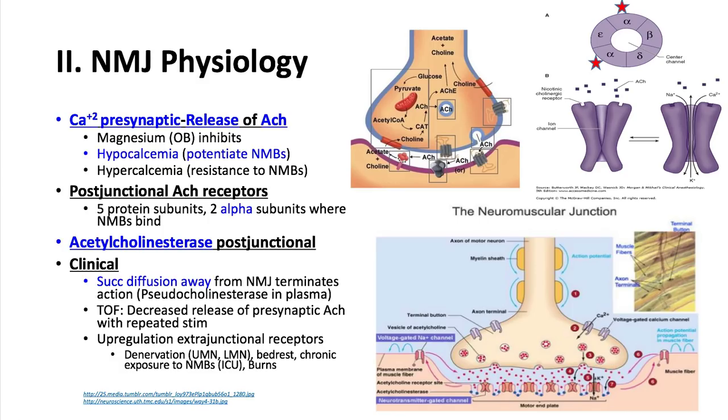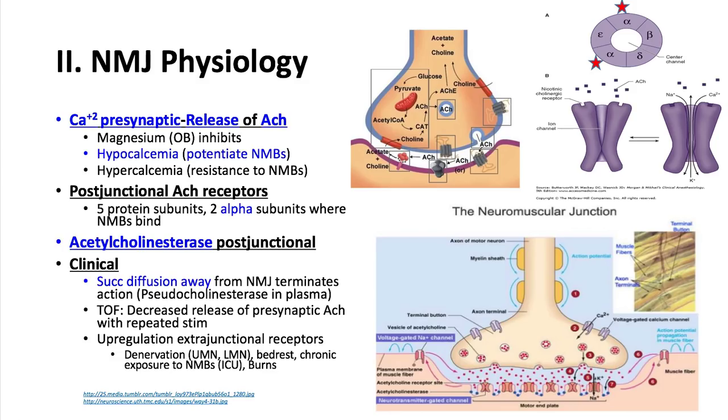That postjunctional acetylcholine receptor, we said, had 5 protein subunits, 2 being the alpha subunits, and that is where neuromuscular blocking agents actually bind. The enzyme to break down acetylcholine is present at the postjunctional receptor, acetylcholinesterase.